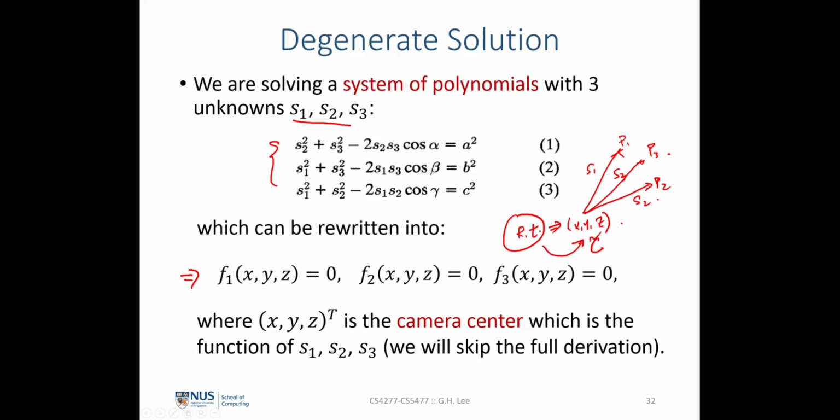And now we can reparameterize this in terms of the unknowns from S1, S2, S3 to XYZ, which represents the camera center. And I'll skip the full derivation here because it's very complicated.